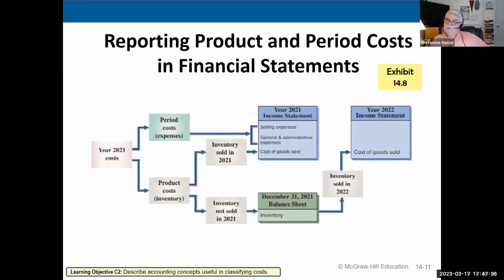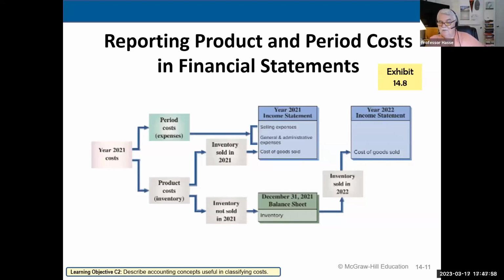So on December 31st, you're going to have on your balance sheet costs that have accumulated in inventory. Material inventory, work in process inventory, finished goods inventory. They don't hit the income statement until 2022 when they are sold. Then they become an expense.